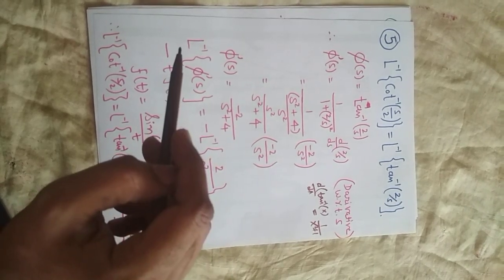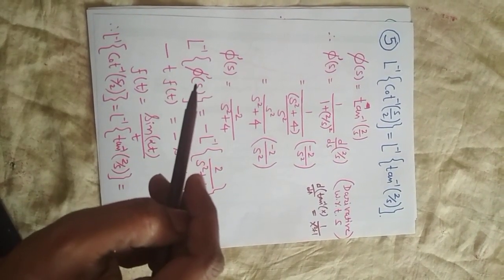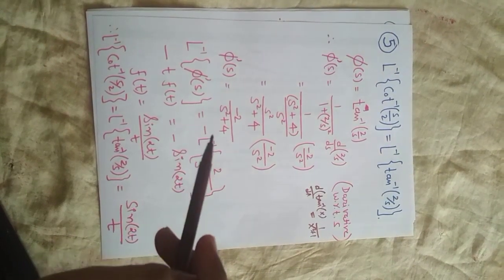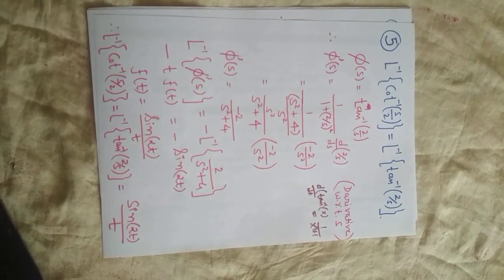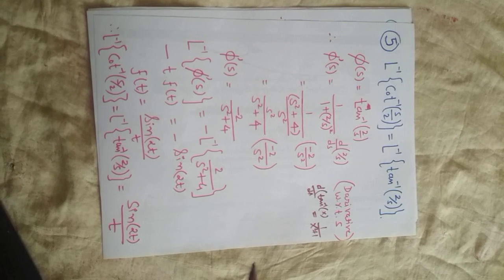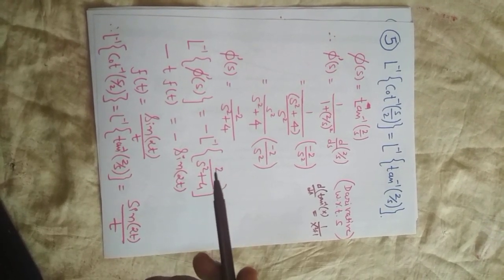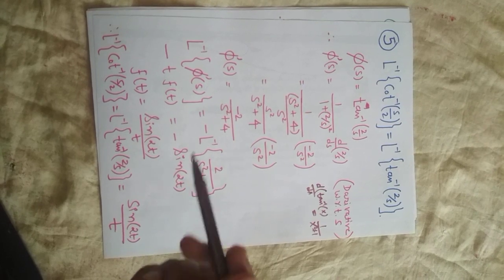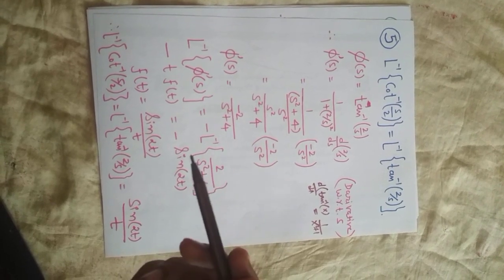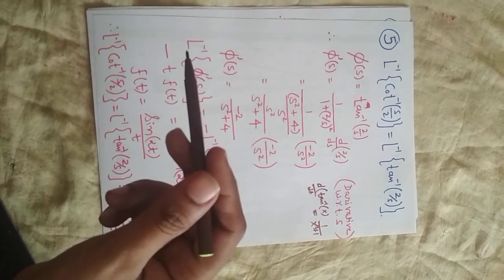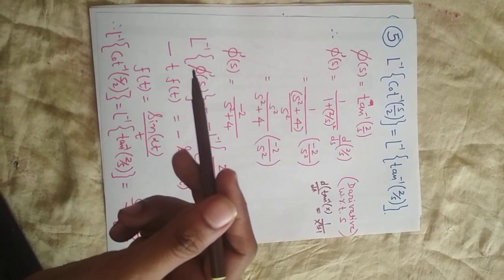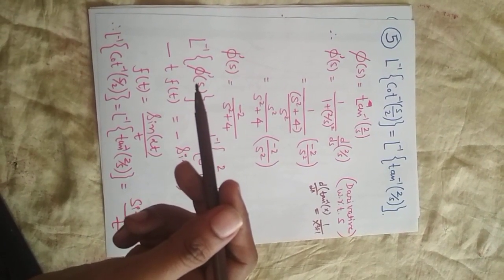Now L inverse of phi dash s equals minus L inverse of 2 upon s square plus 4. Now we know the Laplace of this part. This is the Laplace of sine 2t. So this side will be minus sine 2t, and this is the inverse Laplace of the derivative of phi of s.